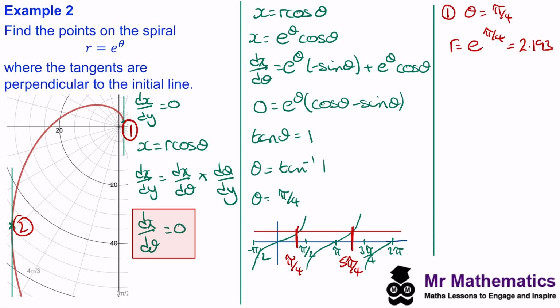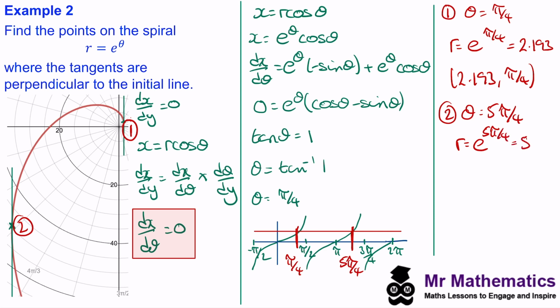So the coordinates at 1 are 2.193 and pi over 4. For point 2, theta is now 5 pi over 4. So the radius will be e to the power of that angle, which gives us approximately 50.75. So this will have the coordinates of 50.75 and 5 pi over 4.